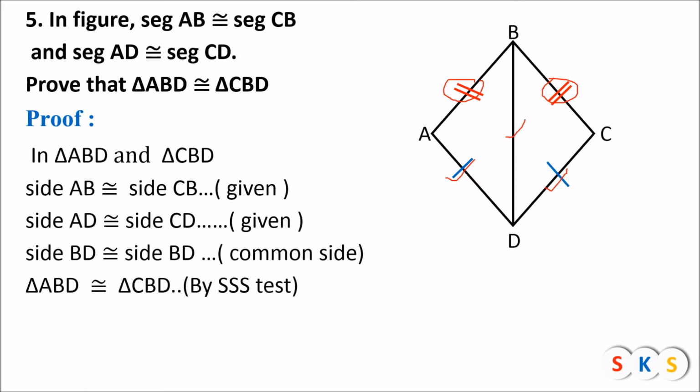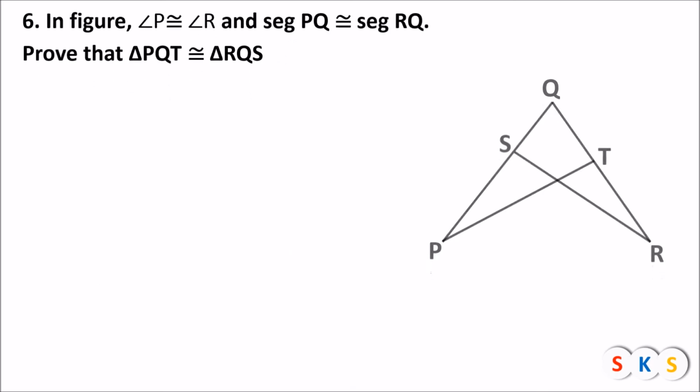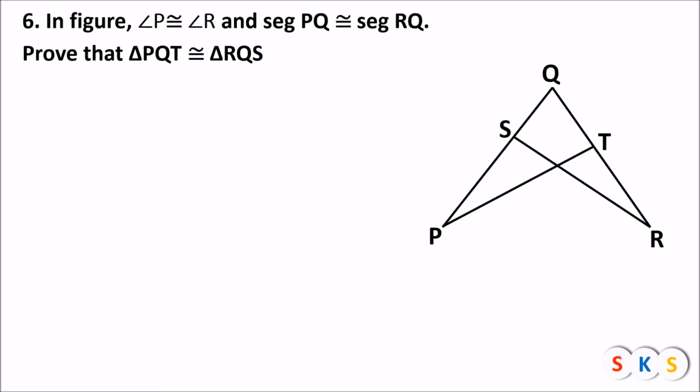Here we have question number 6. In the figure, angle P is congruent to angle R and seg PQ is congruent to seg RQ. Prove that triangle PQT is congruent to triangle RQS. Let's see the proof. In triangle PQT and triangle RQS, look at this figure.